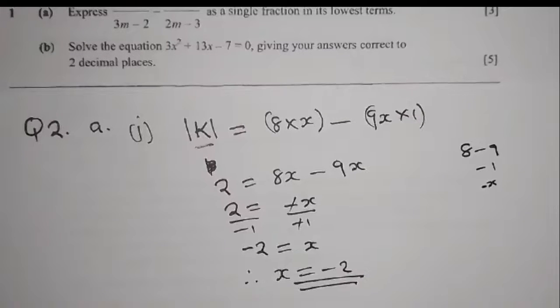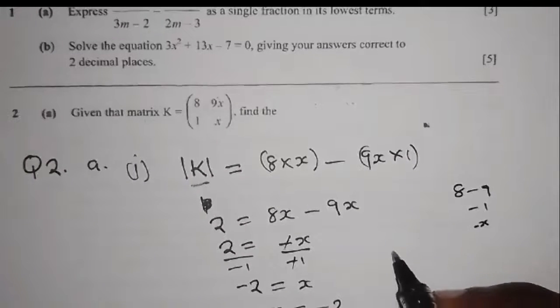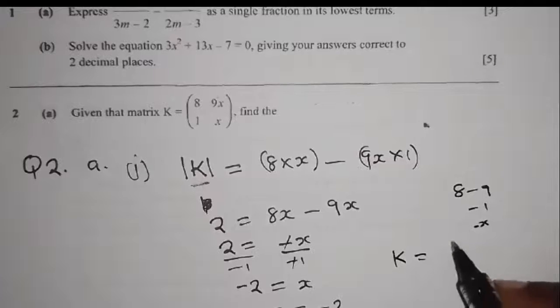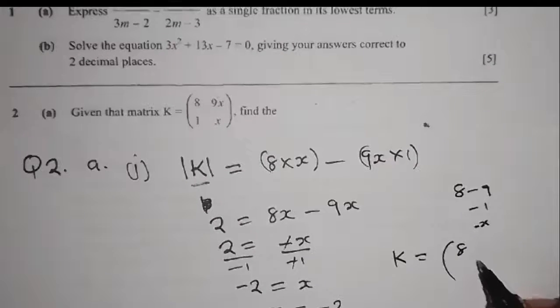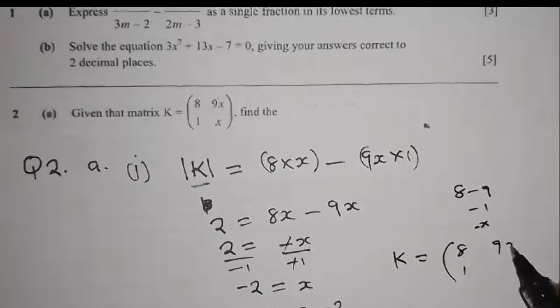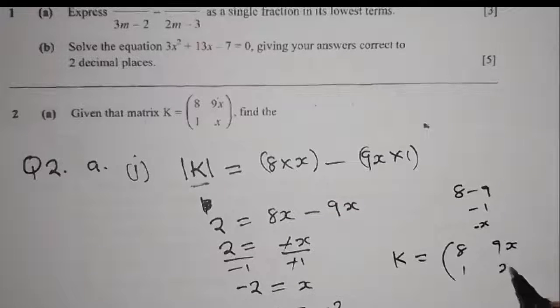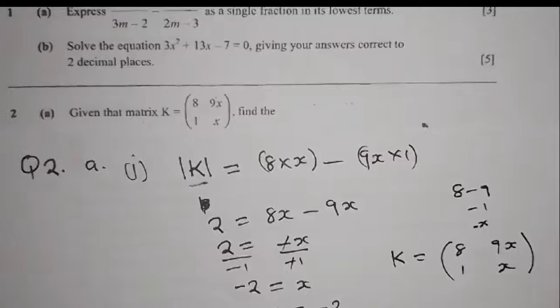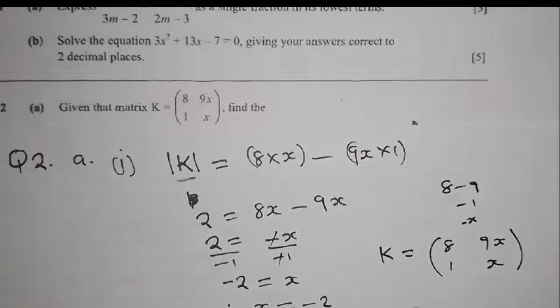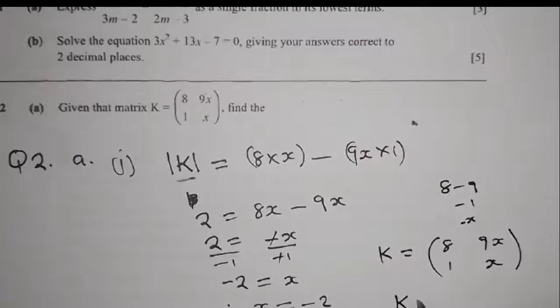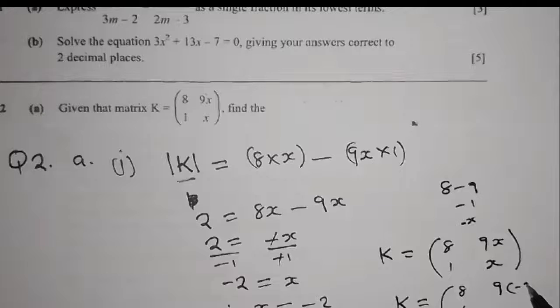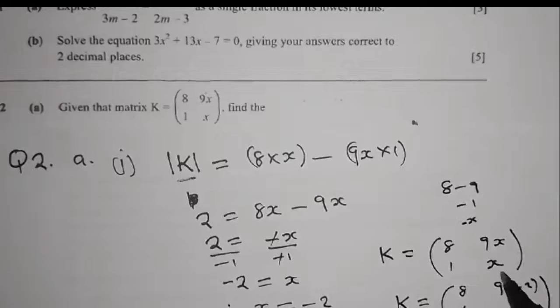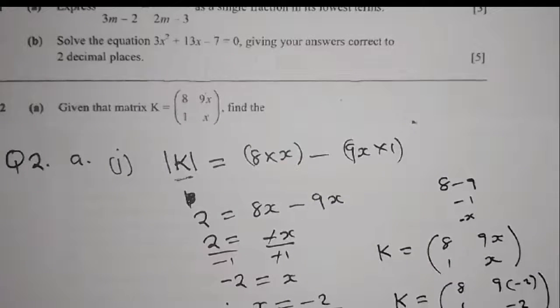Okay. Now remember that the matrix that they gave you is this one: 8, 1, 9x, as well as x. So you can replace where there is x, you put negative 2. So this is going to be 8, 1, and then this, and the x is going to be negative 2.